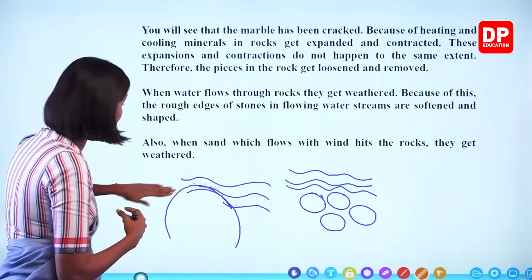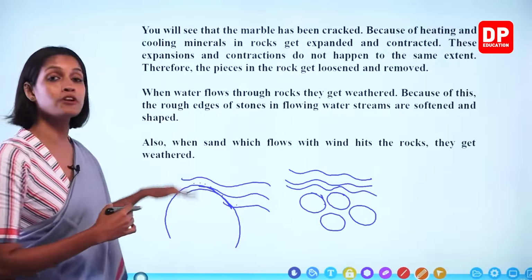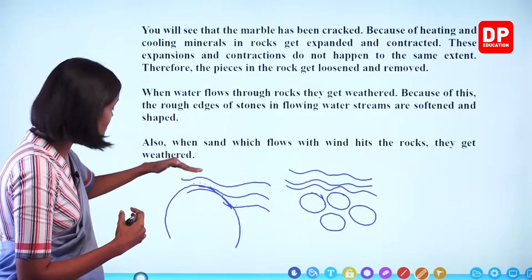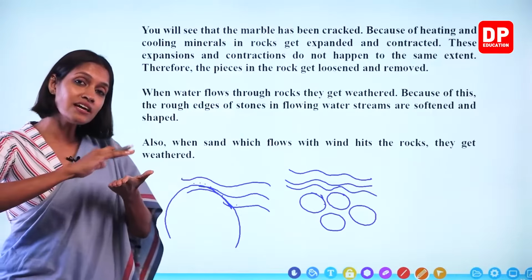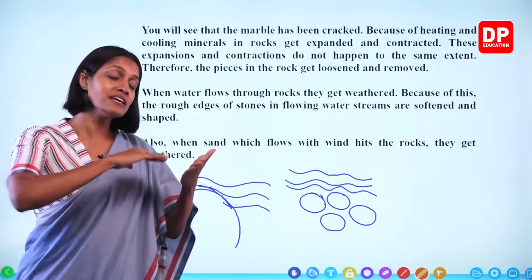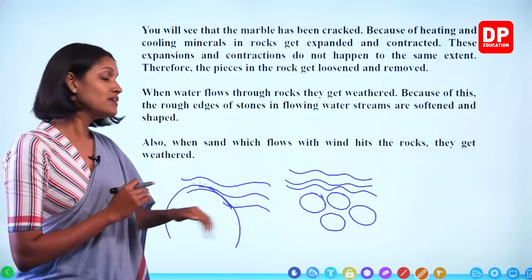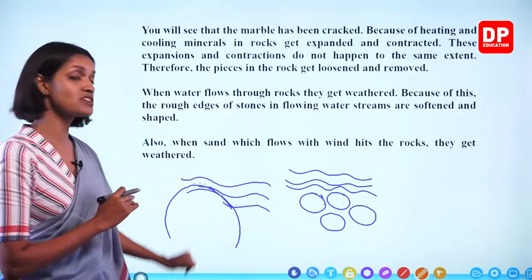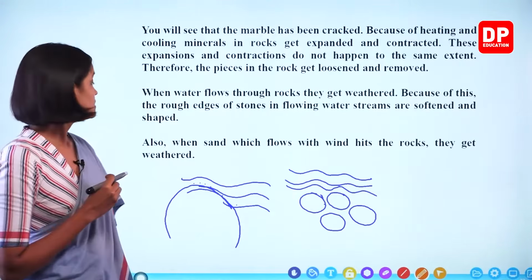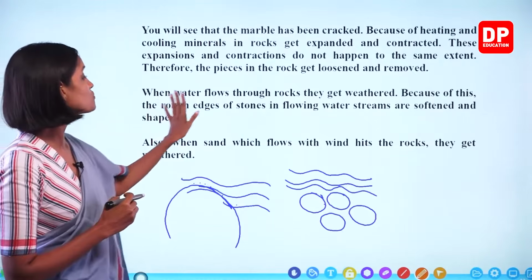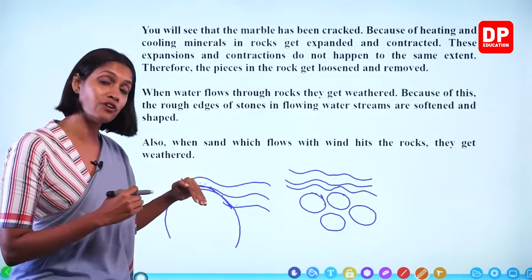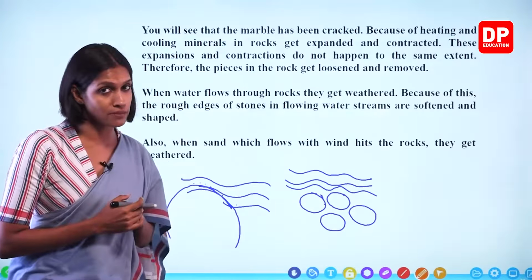It can brush the surface away over a long period of time. Because of this contact of sand particles with the surface, tiny parts of the surface break down. When this happens over a long time, even these surfaces become a little smoother. Also, when sand which flows with wind hits the rocks, they get weathered, they break down, but this takes a long period of time.